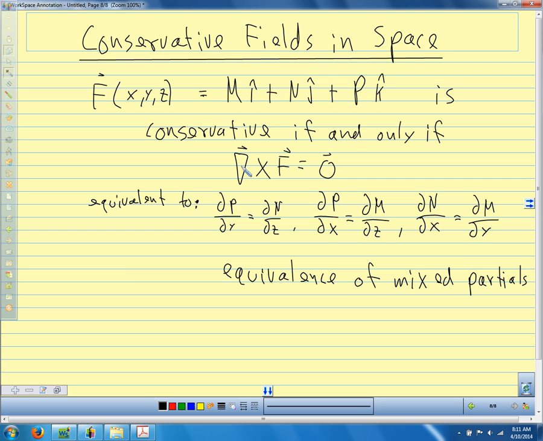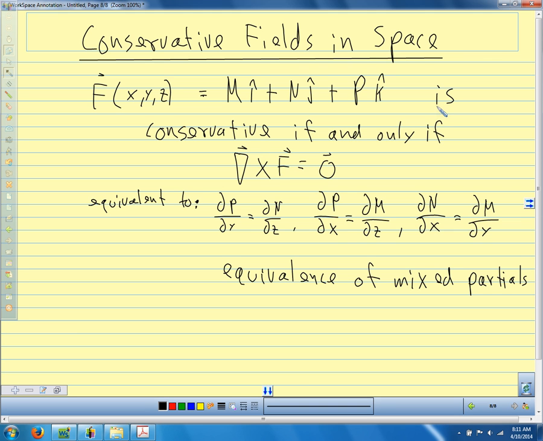So the last thing I want to do is a test for a conservative vector field, and then, if our field is conservative, finding a potential function for a field in space. Is everybody good before we move on?